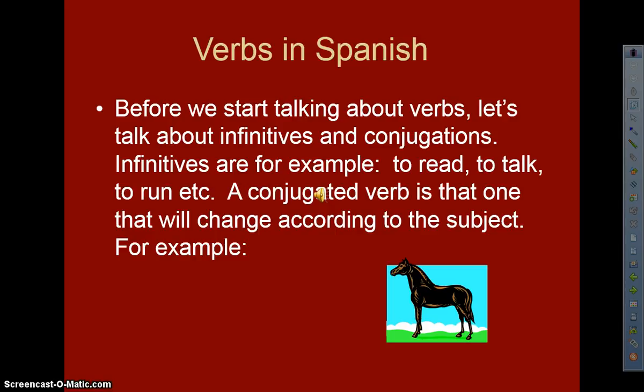Infinitives, as we said earlier, are like examples such as to read, or to talk, or to run. So a conjugated verb is one that will change according to the subject. You guys have that very clear, correct? Okay. So, I eat, he eats, she eats, right? When you conjugate it.